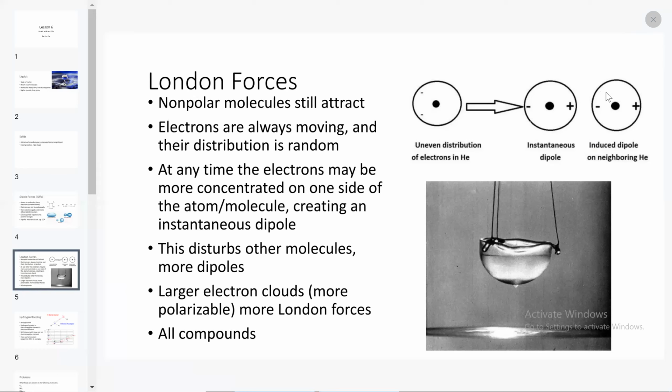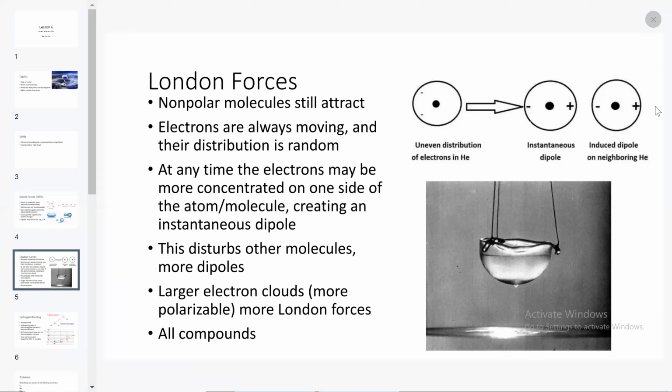And those electrons can sense this positive charge, so they get attracted to it. So more electrons start moving onto this side of the atom. And then this creates another dipole, what's called an induced dipole. But as you might imagine, these dipoles are not permanent, and these instantaneous dipoles are quite random. So this means that London forces are relatively weak compared to the other IMFs.